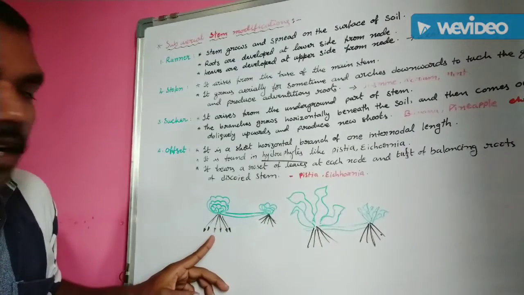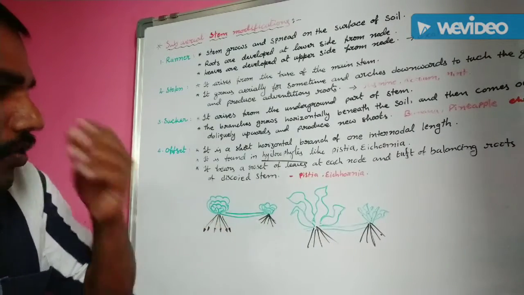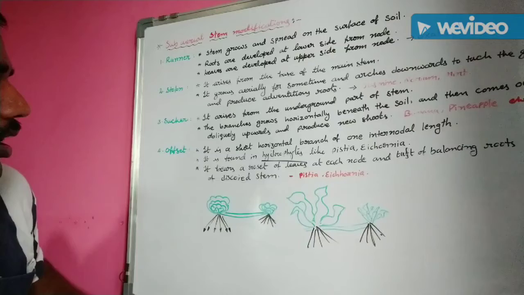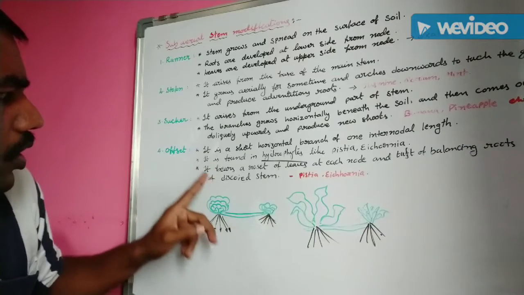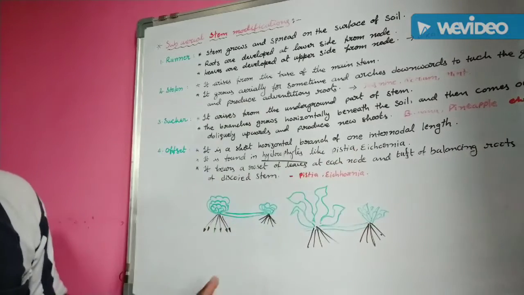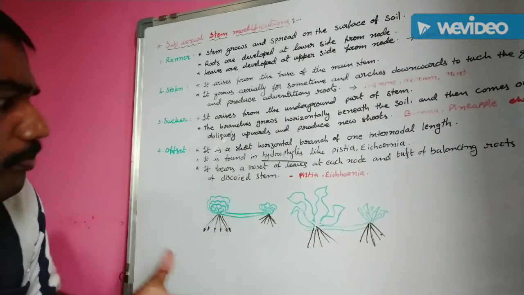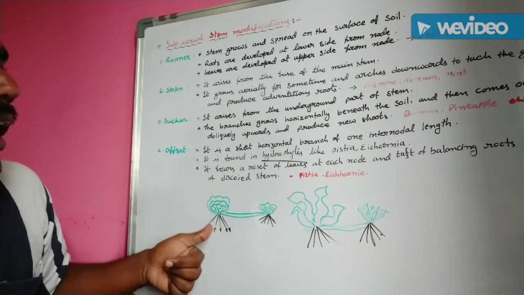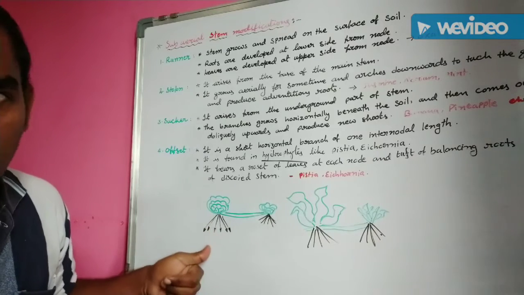The root pockets are present at the tip of hydrophytes like Pistia and Eichhornia. Every nodal region bears a rosette of leaves at each node, and a tuft of balancing roots arises from the base of the discoid stem.